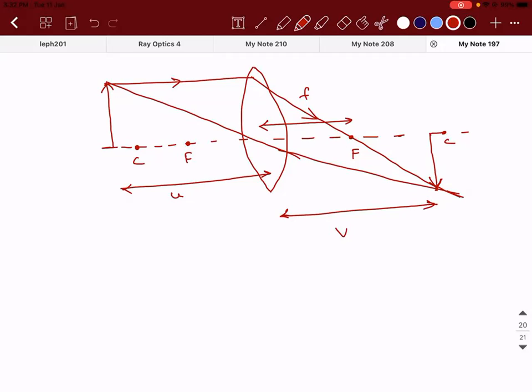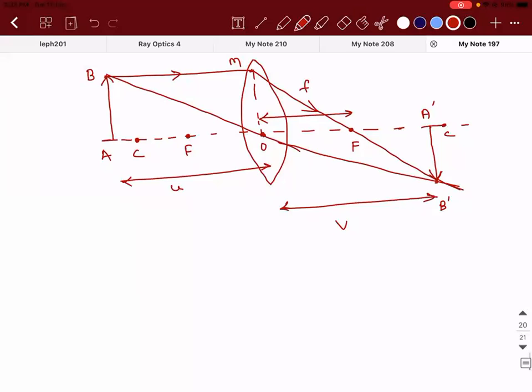Now see, if I take this as AB, the center of the lens as O, and this point as M, I'll drop a perpendicular like this, and I will call this A dash, B dash. Now listen to this. I need two sets of similar triangles. Triangle BAO is similar to triangle B dash A dash O according to the AA criteria, because this angle and this angle are the same and two angles are 90 degrees.